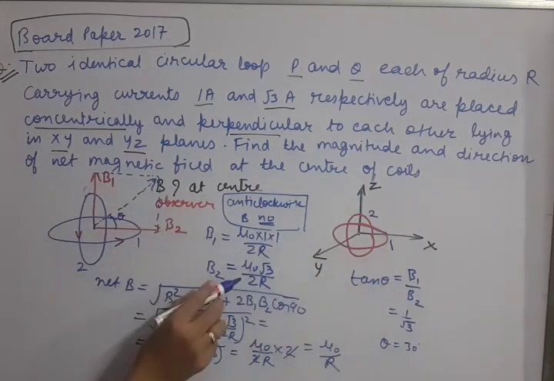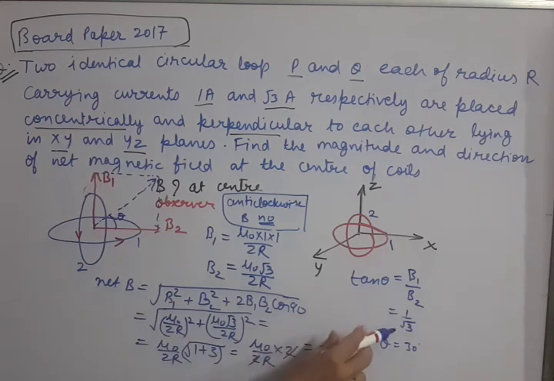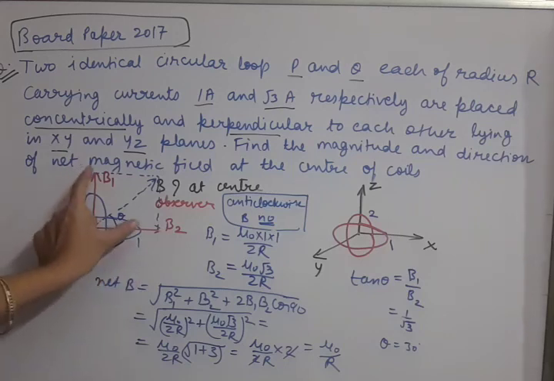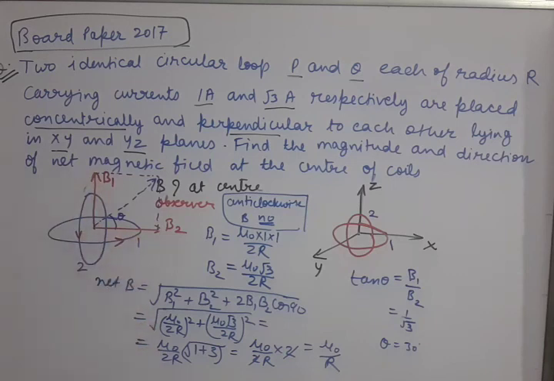If I divide B1 by B2, I get 1 by root 3. That means the angle theta comes to 30 degrees. So this way we solve questions in which two coils appear. Using the current direction, first find the magnetic fields, then combine the two magnetic fields with vector addition.